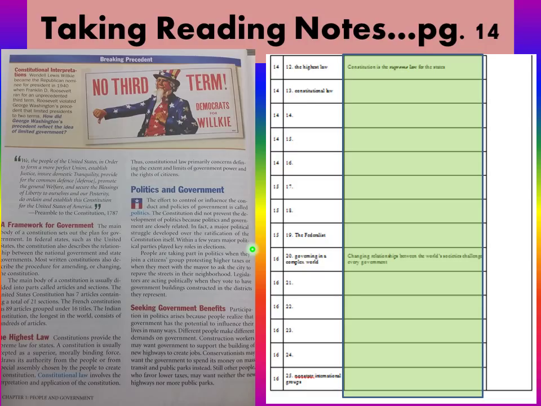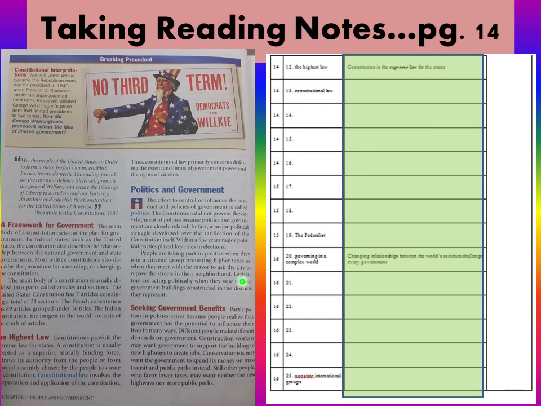People are taking part in politics when they join a citizens group protesting higher taxes, or when they meet with the mayor to ask the city to repave the streets in their neighborhood. Legislatures are acting politically when they vote to have government buildings constructed in the districts they represent.